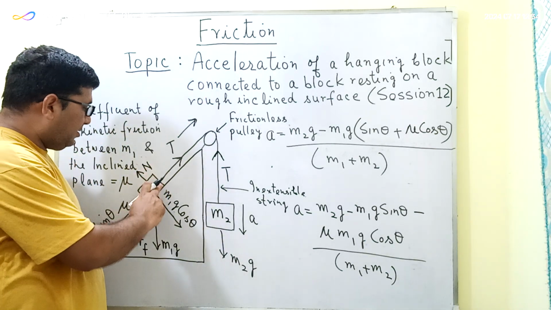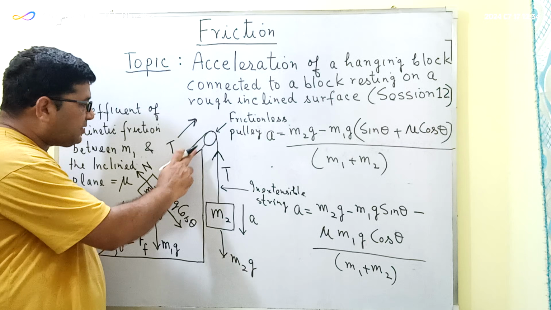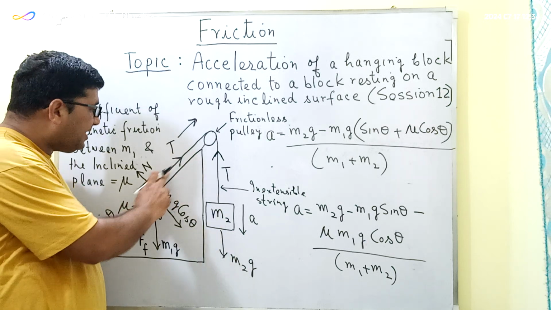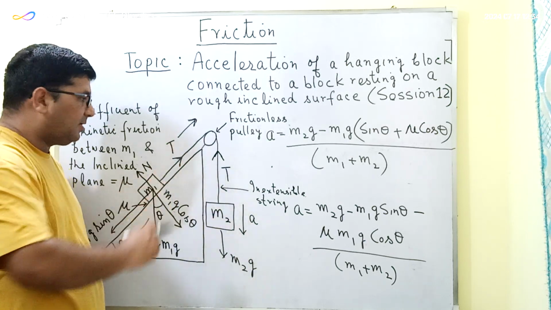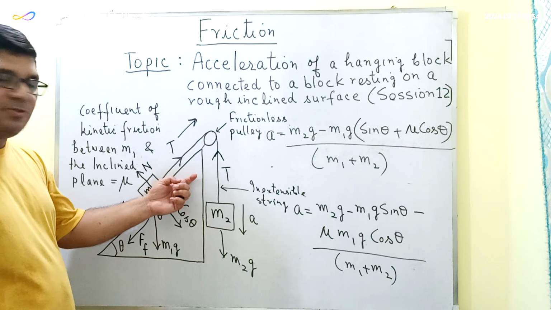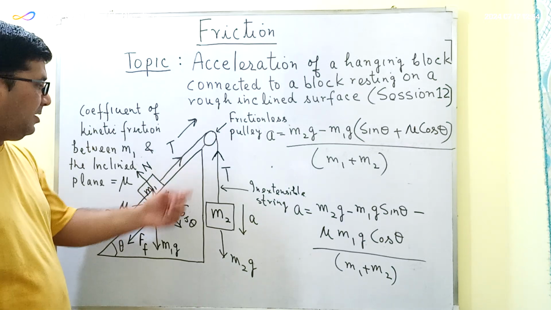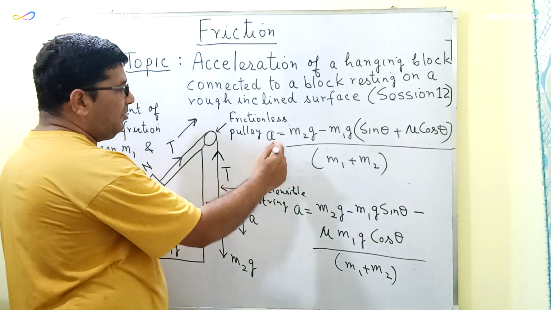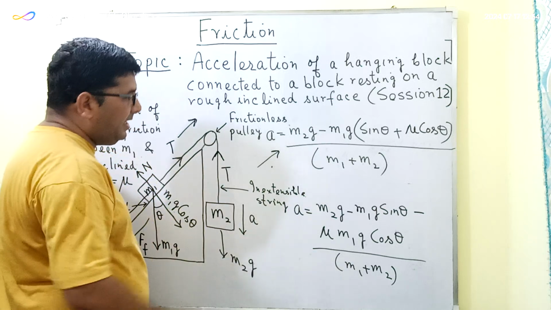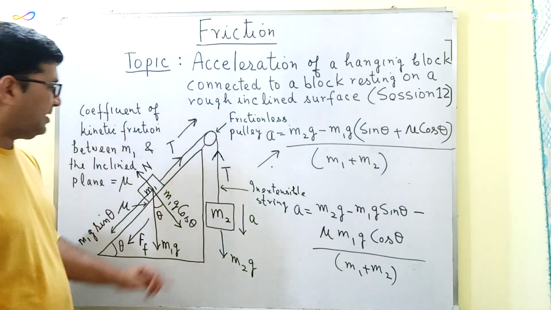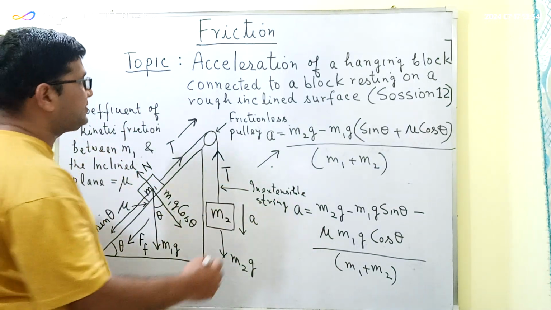That is, this block will move in this upward direction only when there is a net force acting in this direction. Based on this concept, you can find the value of this common acceleration, and after that you can also find the value of this tension T.